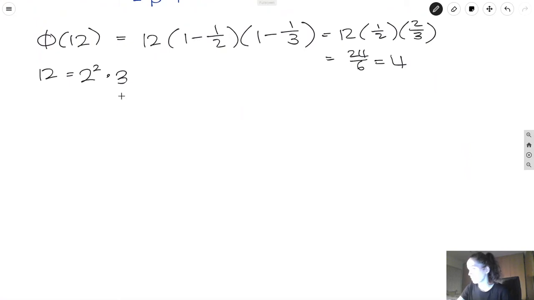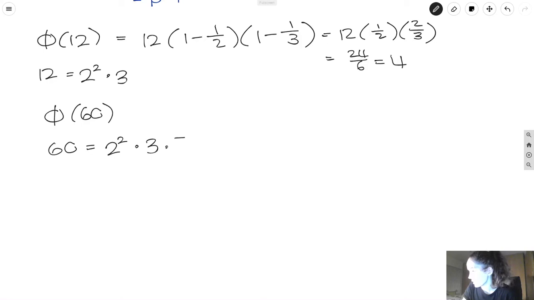We can do something a bit more complicated. So say we had 60. 60 is equal to 2 to the power of 2 times 3 times 5.